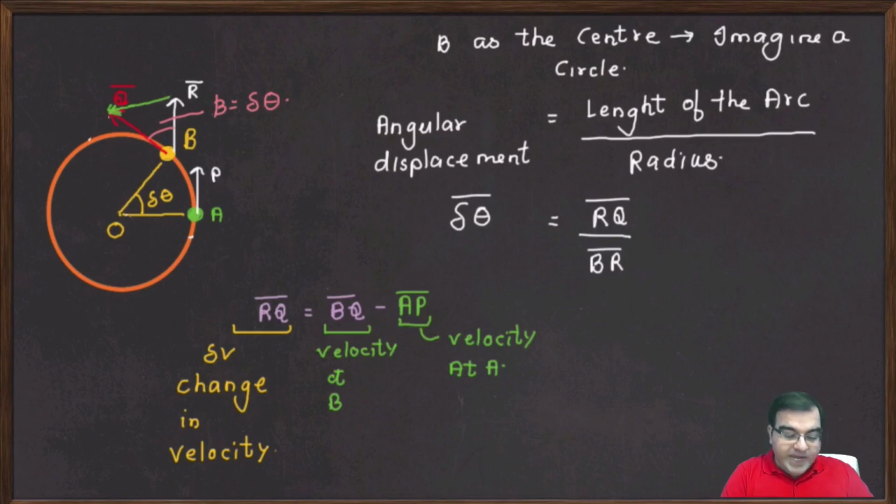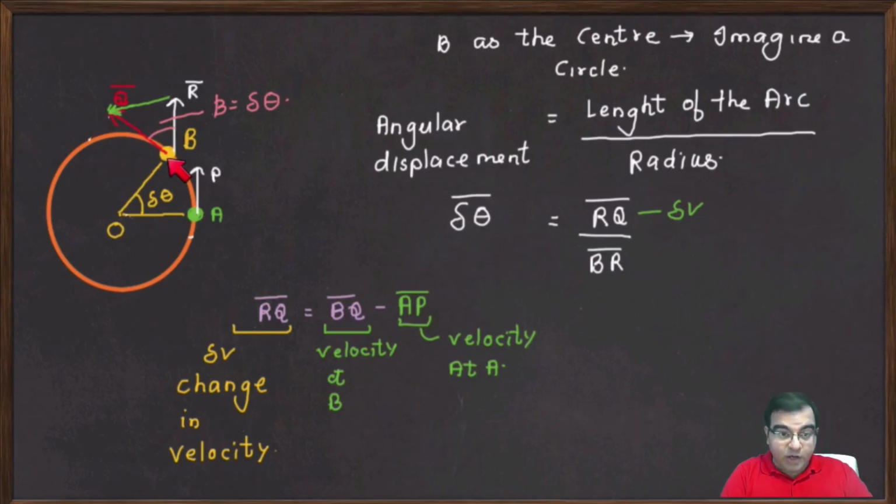Now we already know from the previous slide that we had proved RQ bar is equal to BQ bar minus AP bar, and that RQ bar was the resultant, that is the change in velocity delta V. So instead of this RQ bar, I can write delta V. Now BR bar, if you remember, is the velocity at point A. The velocity at point A was moved upwards.